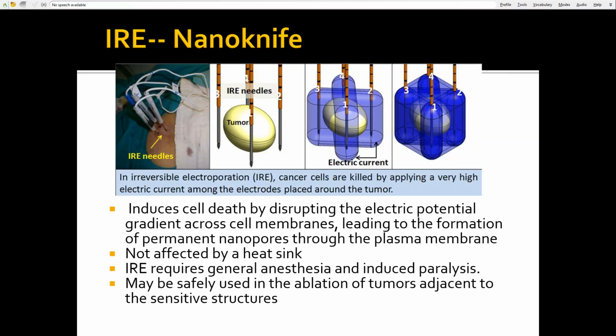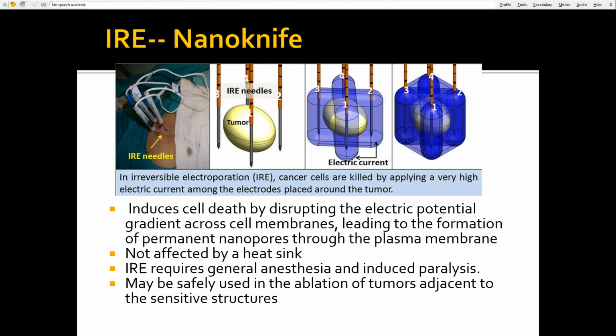So one of the new things that's out there now is this thing called the nano knife, which is the irreversible electroporation. So in general, you have a tumor, and you're going to border the tumor by these probes, and you use ultrasound or CT, typically CT, to place your probes around the tumor, and it creates a kind of an electric field.